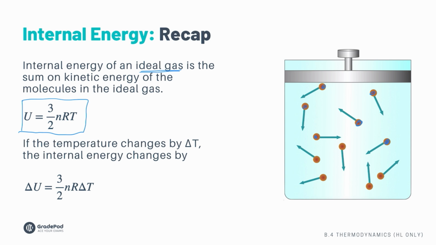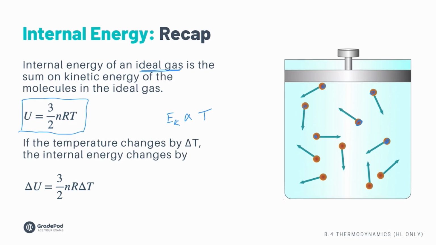In B3, we came up with this expression for the internal energy of the molecules. It's related to the temperature because, of course, the kinetic energy of these molecules is directly proportional to the temperature. And this is the expression for internal energy. But if we want to find out what the change in internal energy is, well, R is a constant. We know that it's a closed system, so no exchange of mass.